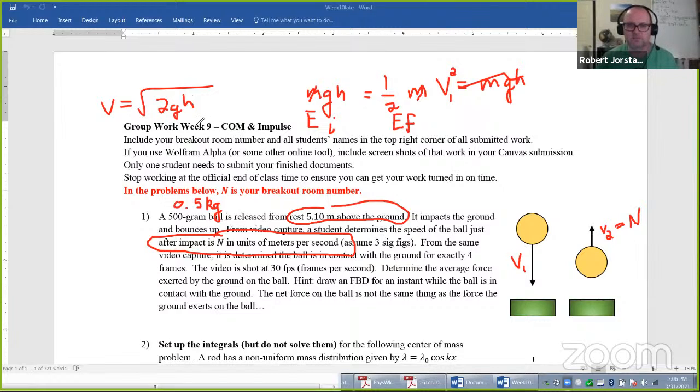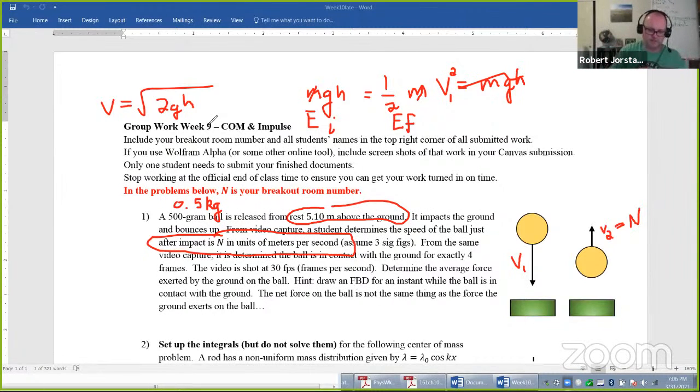Now, in this case, I could plug in these numbers, and I'm just going to do that really quick. I had a calculator. Oh, man. Where'd it go? Where is that calculator? Here's one.